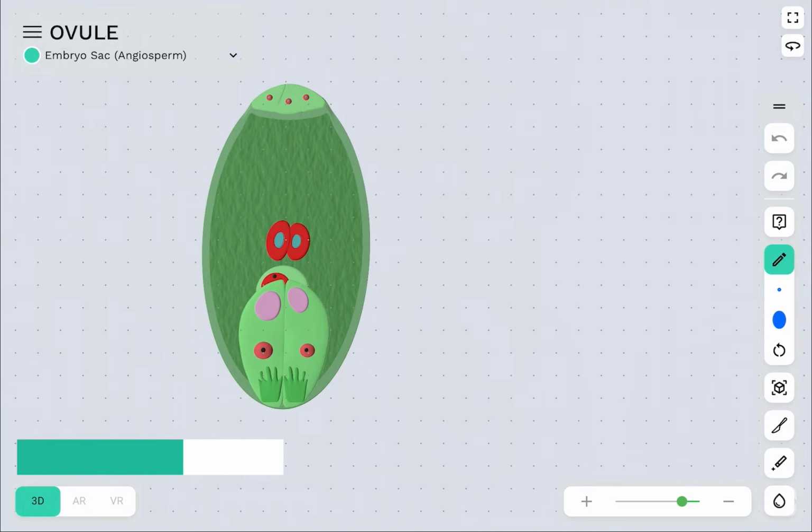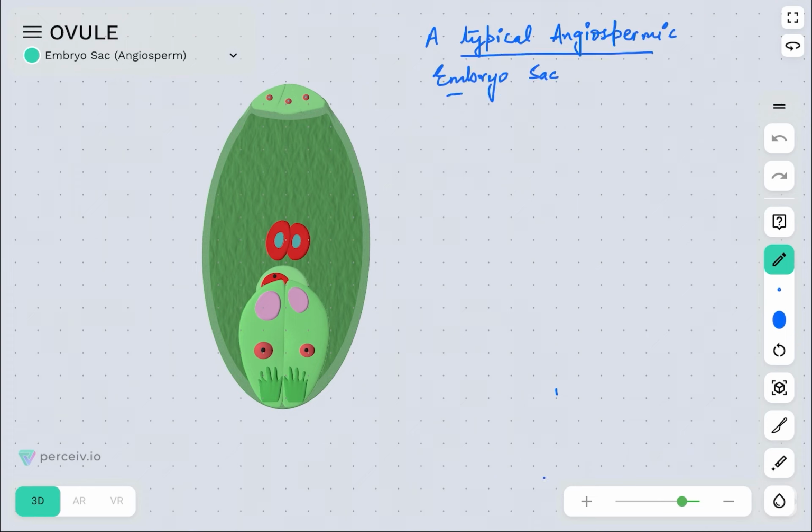Now, we are going to take up the angiospermic embryo sac, that means the embryo sac of the flowering plants. If we have to define the structure, this embryo sac is also known as the female gametophyte.